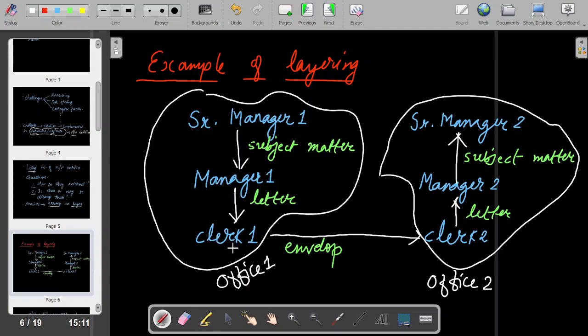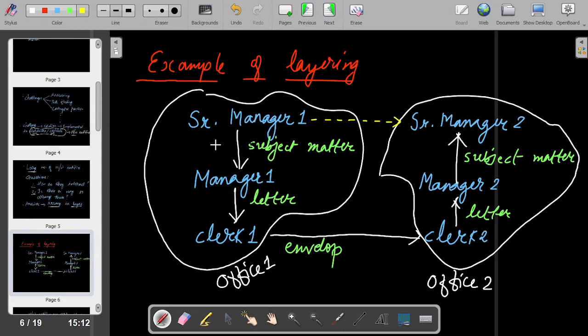These three people are present. In Office 2, senior manager 2, manager 2, and clerk 2. And senior manager 1 wants to communicate with senior manager 2 regarding some issue. He wants to send a message to senior manager 2, but they do not directly communicate.